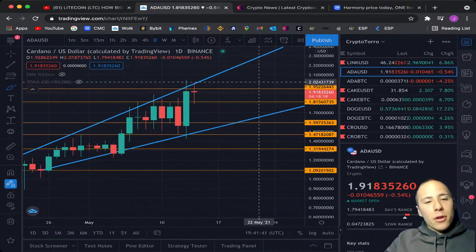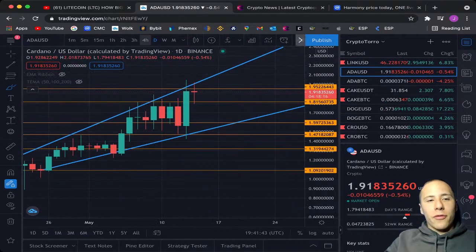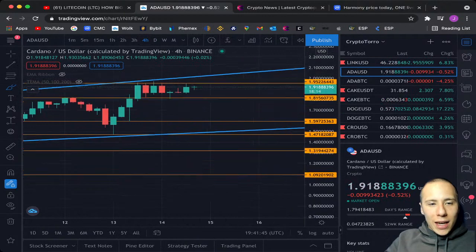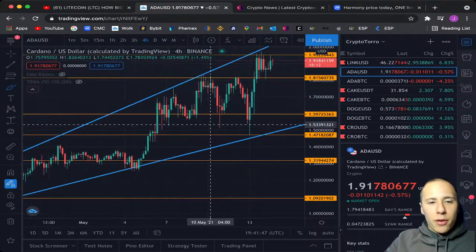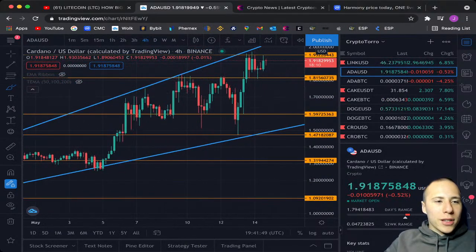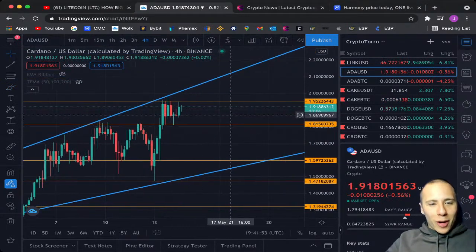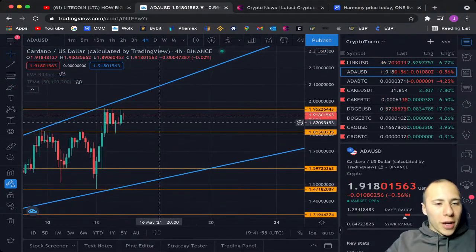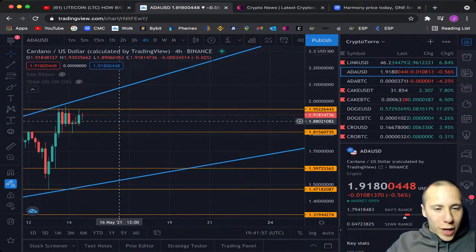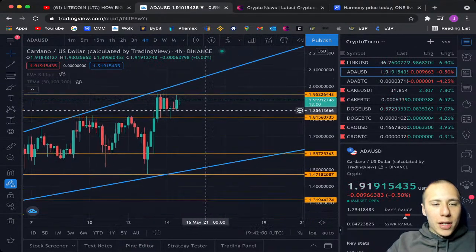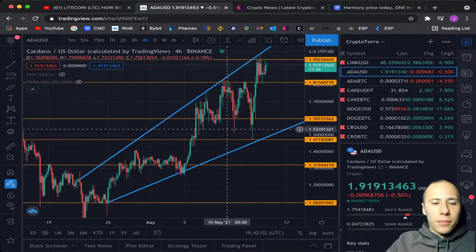But I would like to look at the 4-hourly time frame, because there we will be seeing more significant information, I personally think, to see what Cardano will be doing in the upcoming days. And yes, I think Cardano will be performing well, absolutely, during the upcoming days and weeks. And what I'm personally waiting for, you can see this broadening wedge.